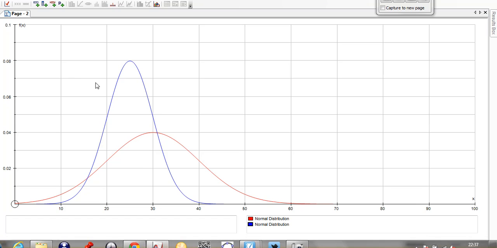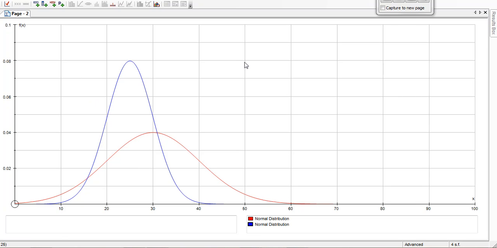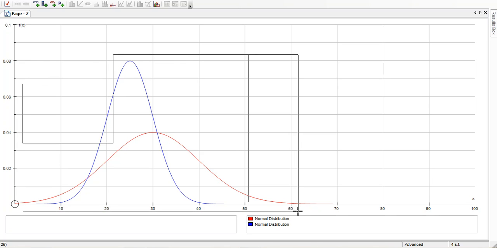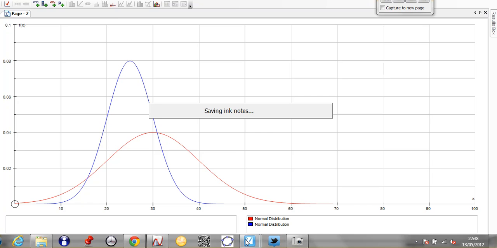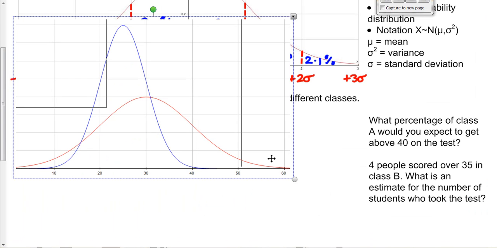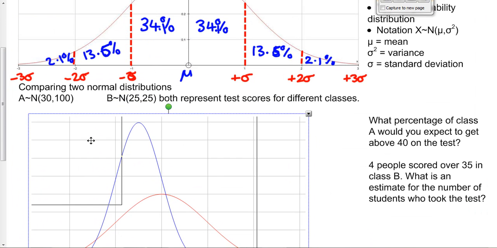So that's them there, and if we just take them and put them into our notes, so we're going to have a little scribble on them. You'll be able to note that these 2 distributions are different shapes.